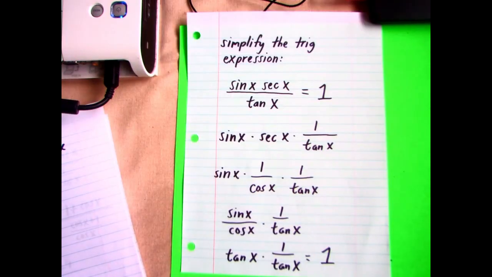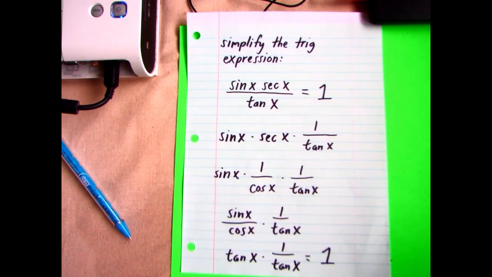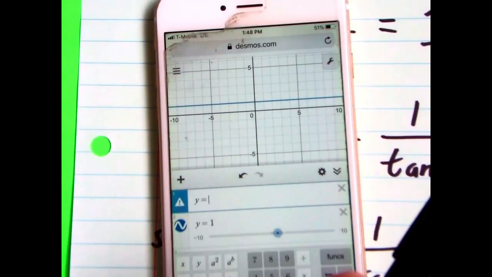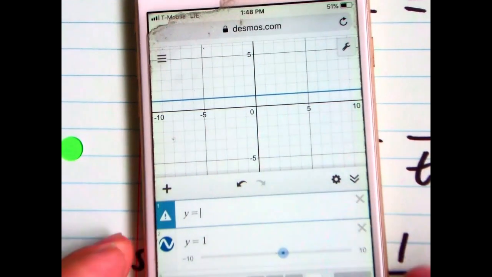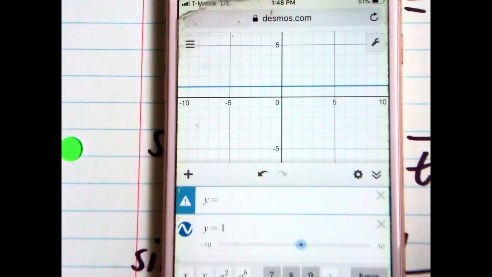Okay, so the 3 problems we just did, I want to check graphically. How can we check this graphically? The first problem we did, we believe that it simplified to 1. So let's check that. Let's graph that original problem.